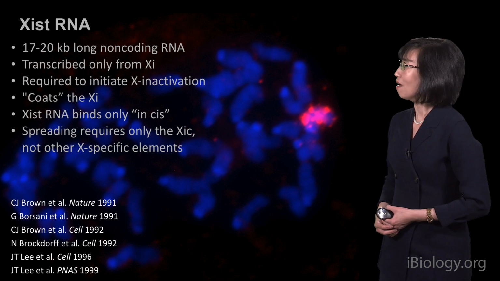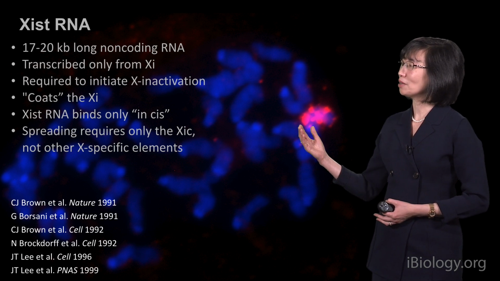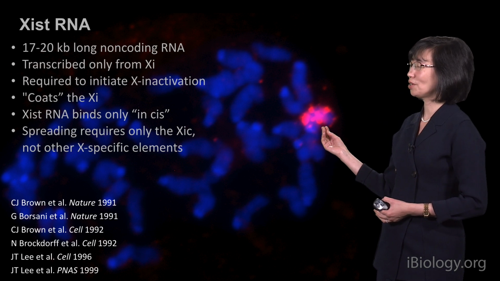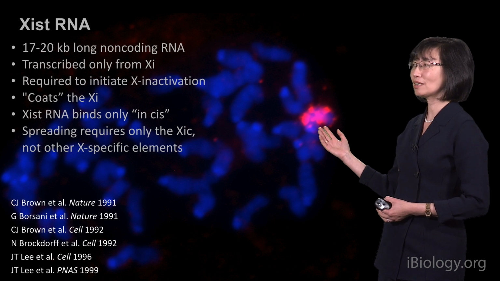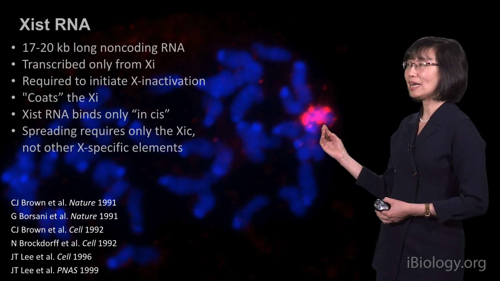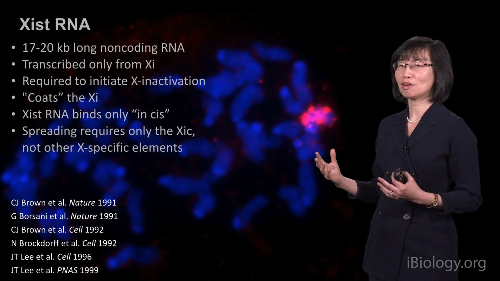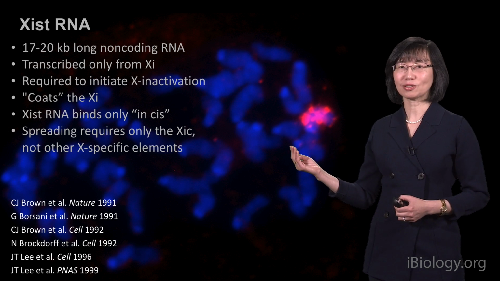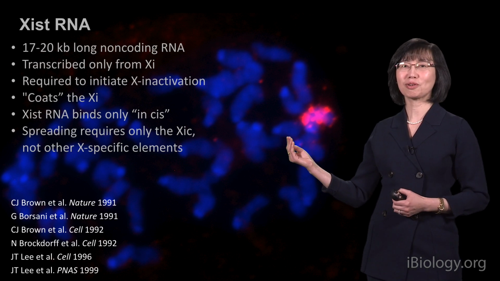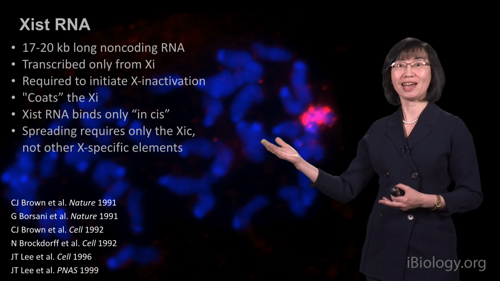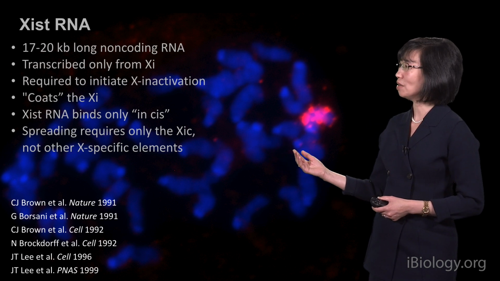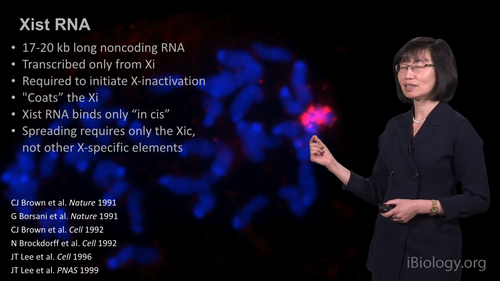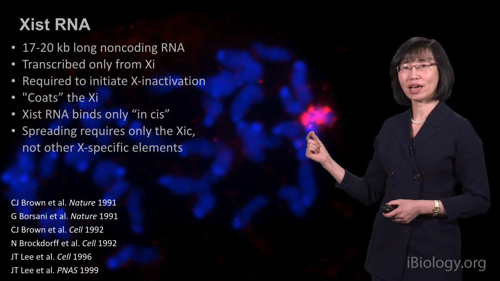And recall that the problem is that here we have Xist RNA, which is shown in red, and it coats the inactive X chromosome in cis, and it does so without spilling over into any of the other X chromosomes in the cell, or to any autosomes for that matter. And so the question is, how does this RNA stay put on that chromosome?